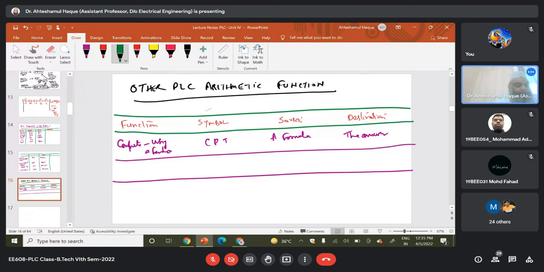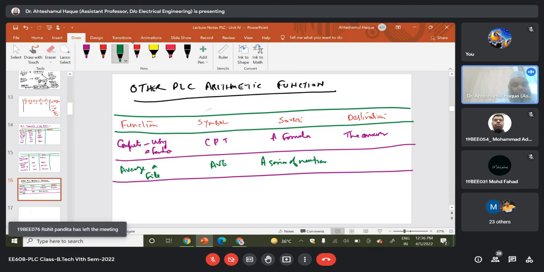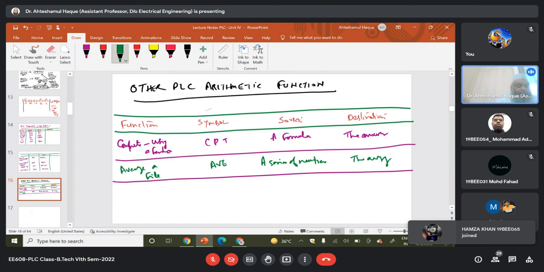अब आइए सेकंड, एवरेज ए फाइल. Average a file, that is AVE, a series of numbers, and destination will be the average.